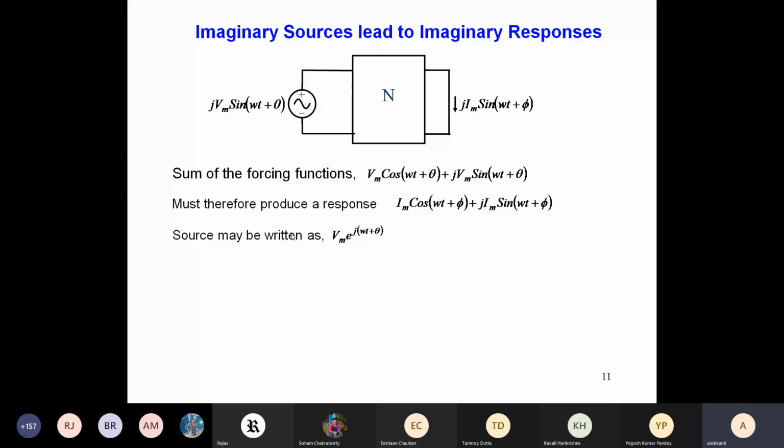Im e to the power j(omega t plus phi). Theta is associated with the source, and the response is associated with phi.